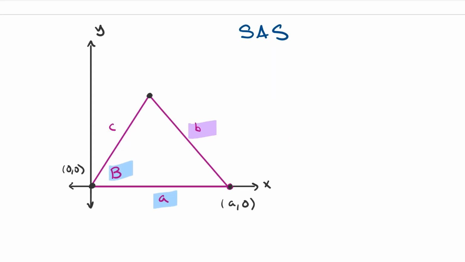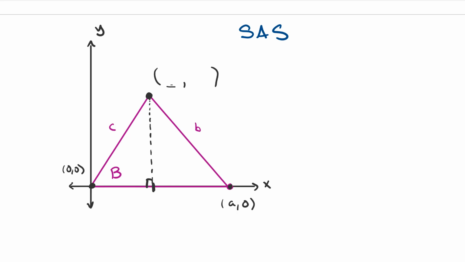Let's get rid of all of this. And we're going to drop a perpendicular down. And I'm going to move this a out of the way. Let's try and figure out what this point is.